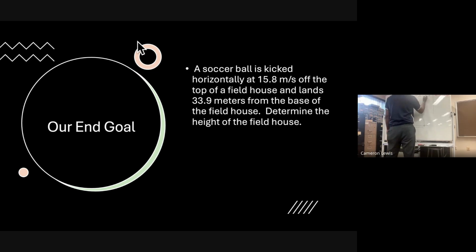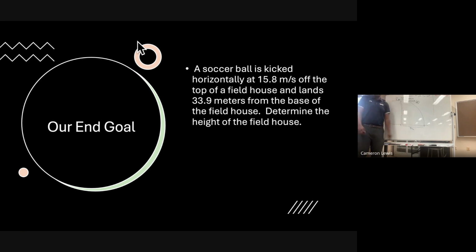Good. So I'm going to write these like this. So now my initial velocity in the x is 15.8 meters per second. Okay, that is my given.